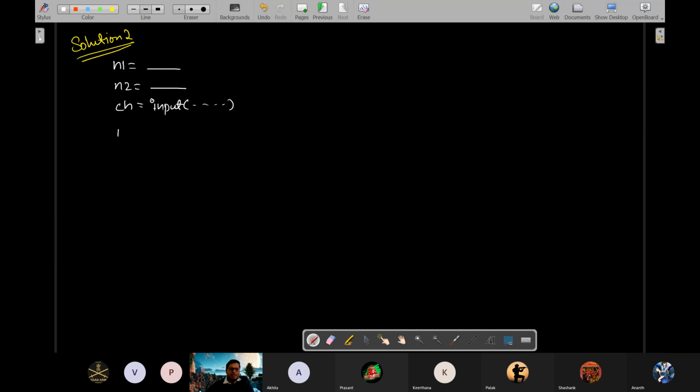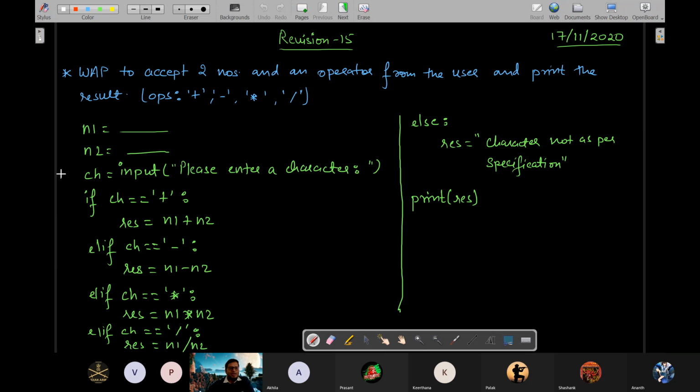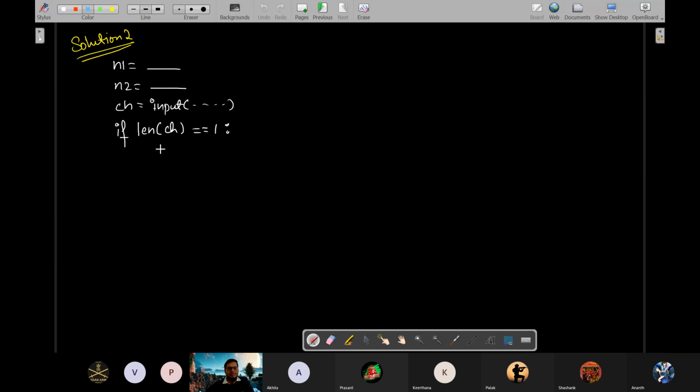Can we do something like if len of ch is double equals to 1, then you will write this entire thing. जो ये पूरा पार्ट है ना, ओके, इसको in the body you will write here, from previous page.